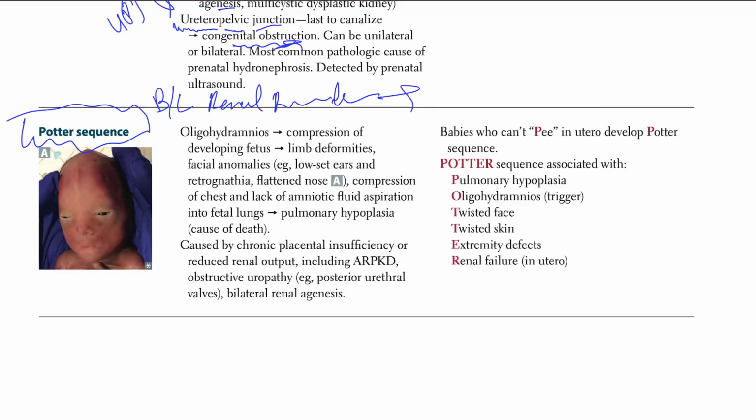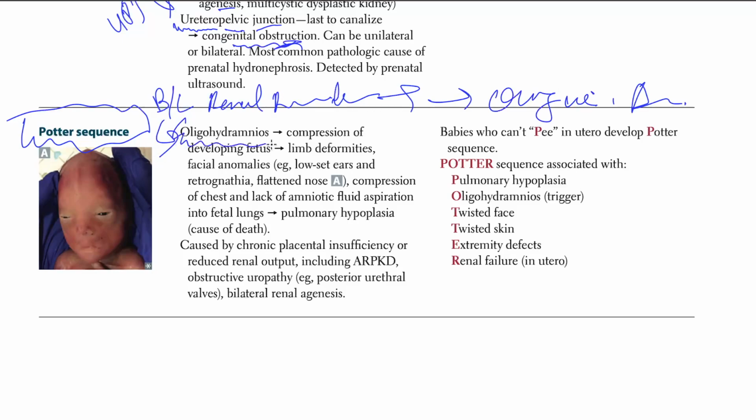You have bilateral renal anomaly, which leads to oligohydramnios by oliguria. So because you have these renal anomalies, there's oliguria or anuria that leads to oligohydramnios.